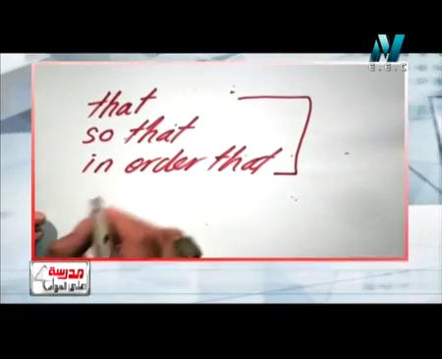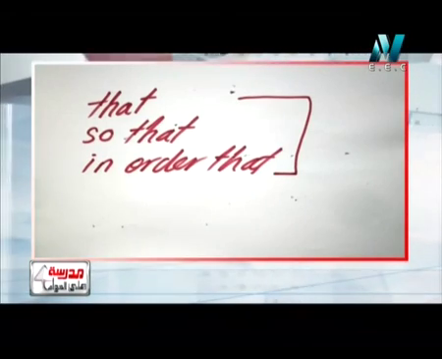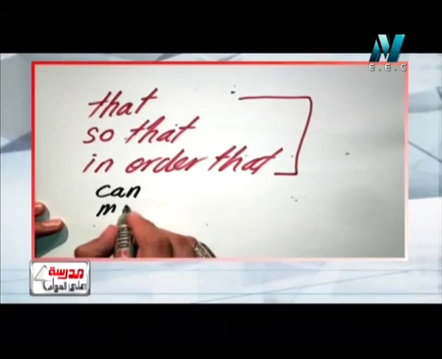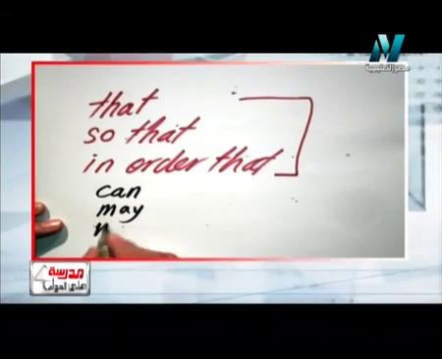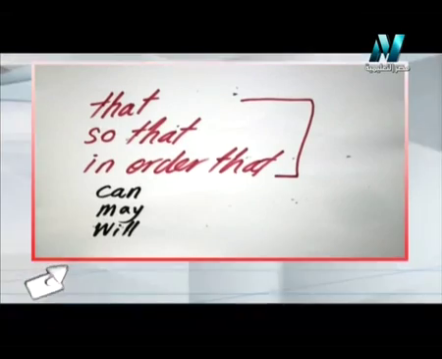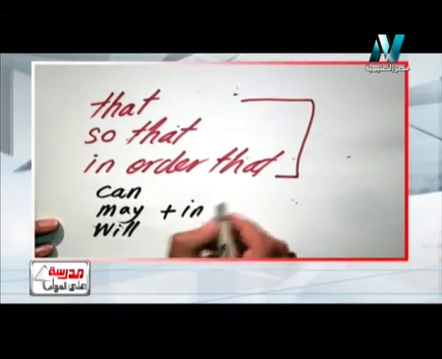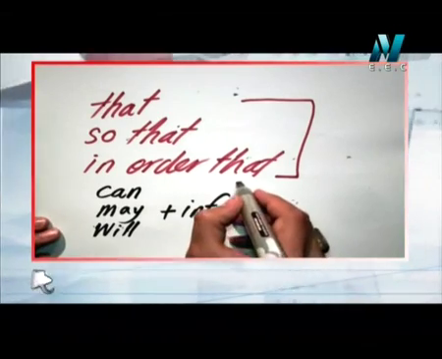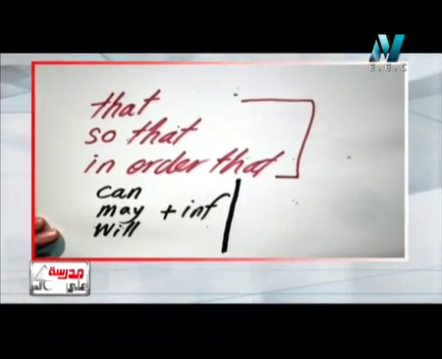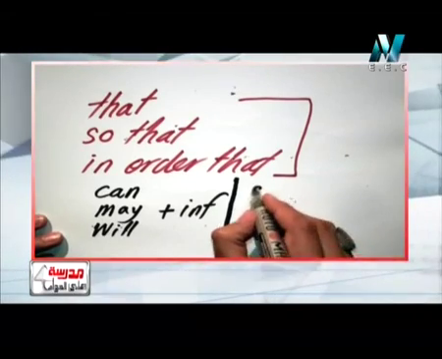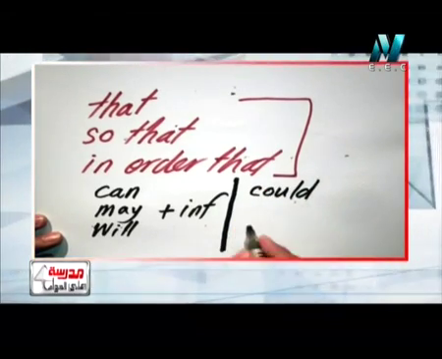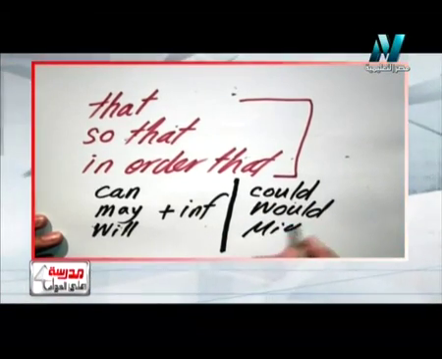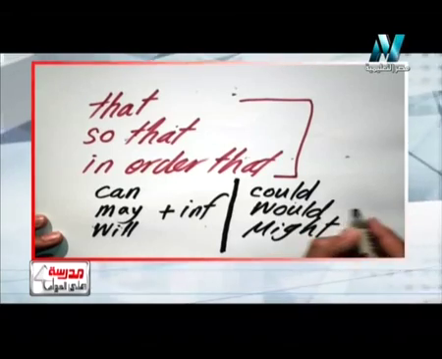And in this sentence we have can, may, or will plus infinitive, if the sentence is in the present. But if the sentence we have is in the past, we use could, would, or might plus infinitive.